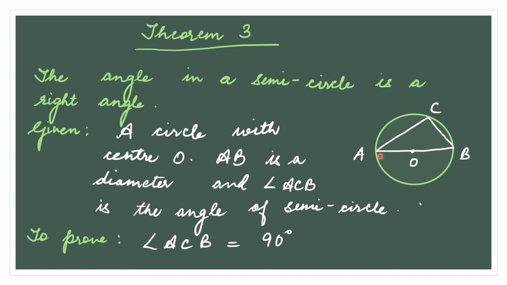But the angle which is at the circumference is half of the angle at the center. So what will be angle ACB? Angle ACB will be half of 180 degree, that is 90 degree. So we can prove like this, that it is half of AOB.